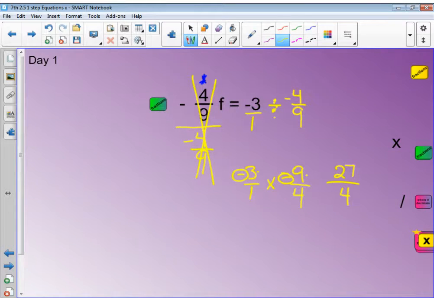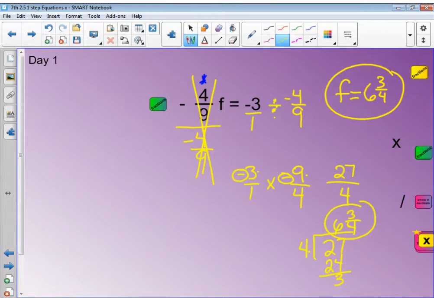So let's see, 4 would go into 27 6 times, 6 times 4 is 24. I have 3 left over, so that's my top number, over what I divided by, 4. So final answer is 6 3/4. So F equals 6 3/4. And it was positive because there were 2 negatives.